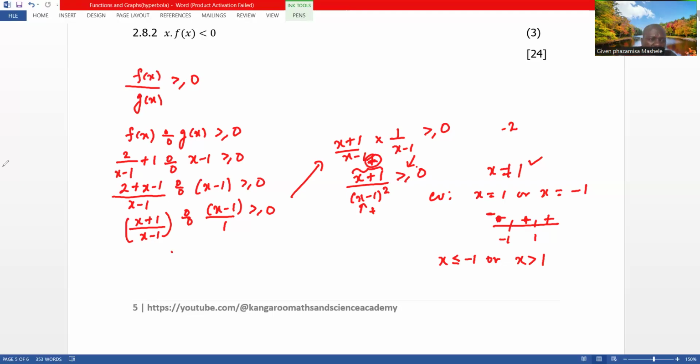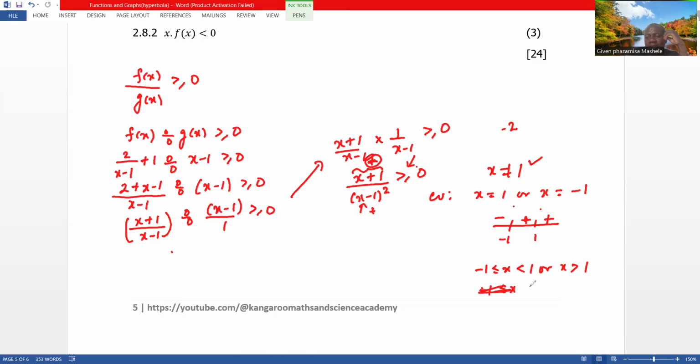So it means the answer would be from -1 inclusive up until 1, or any number bigger than 1.